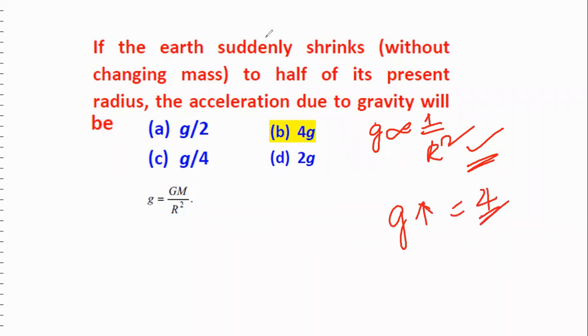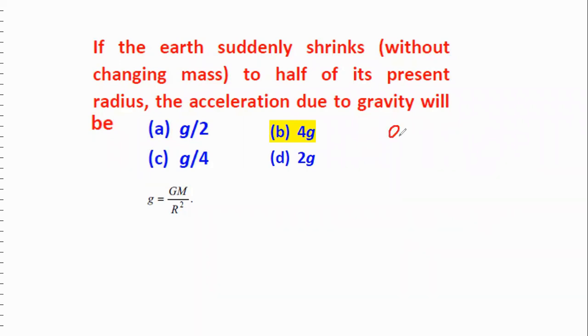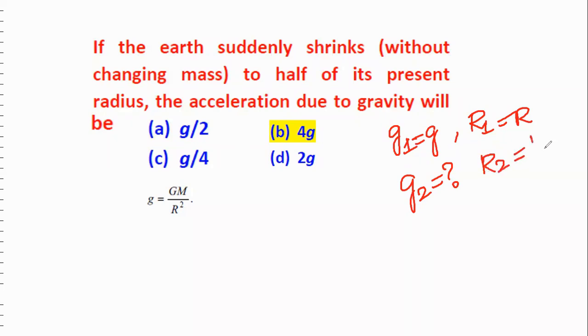Then how to take it? g1 is taken as g, R1 is taken as R. Then g2 is how much, if radius R2 is half of the initial radius?